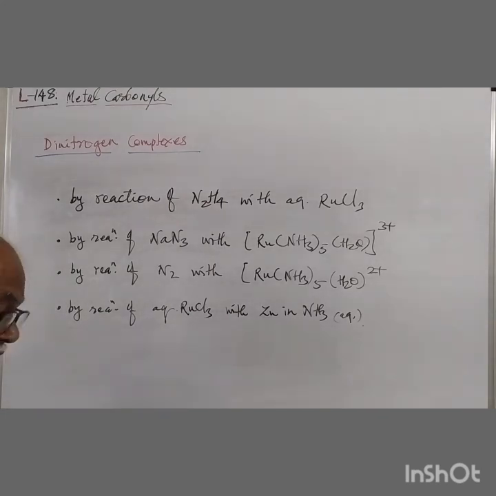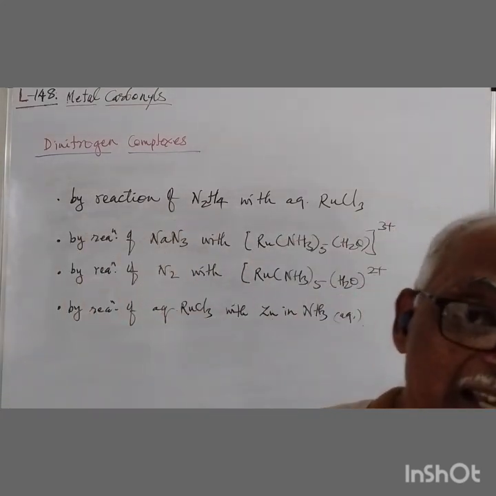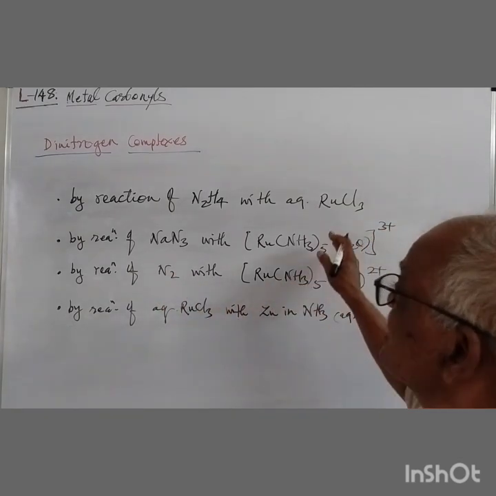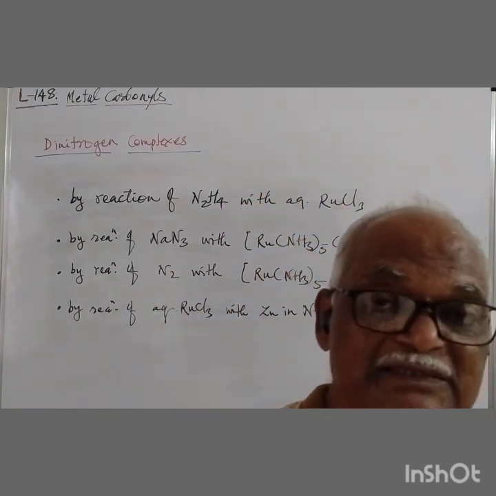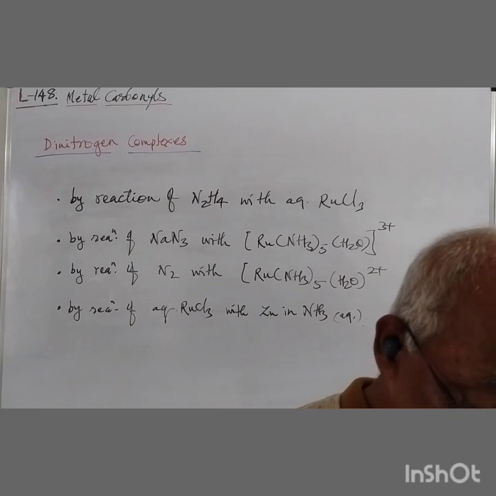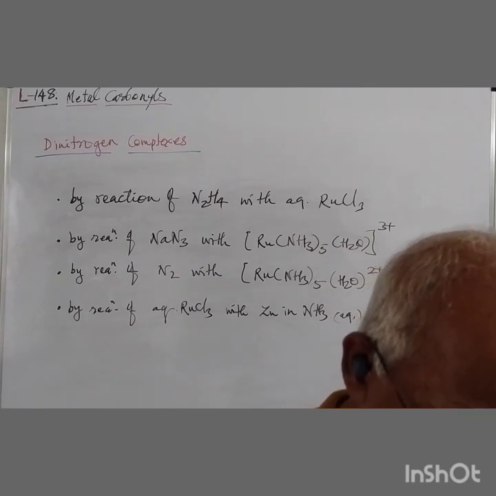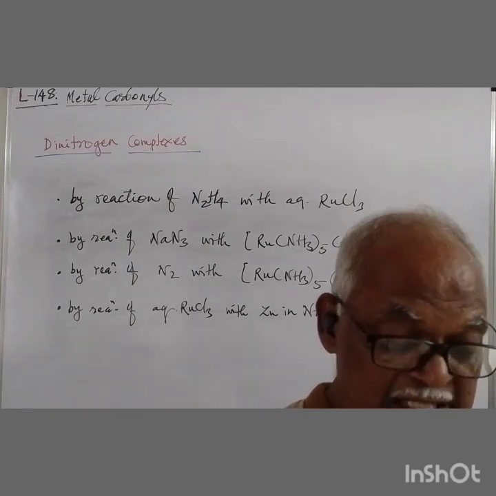So these are some of the examples by which we can prepare the ruthenium complex Ru(NH3)5N2Cl2.